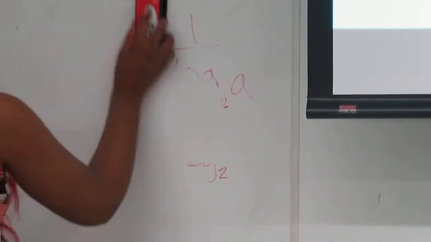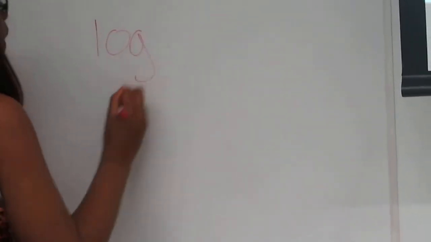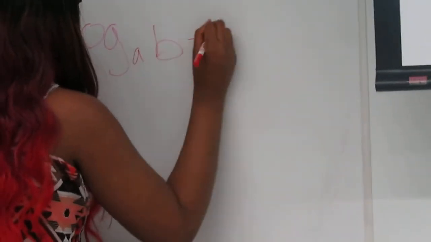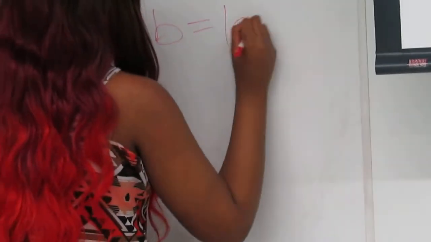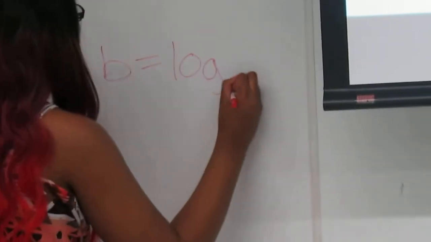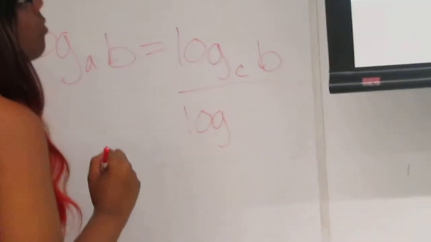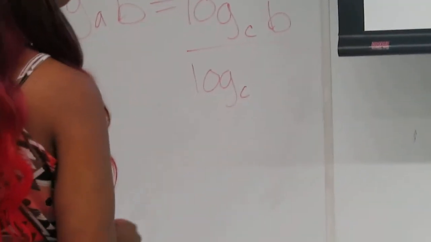I have an example for the logarithm base change rule, which states log base a of b equals log base c of b over log base c of a.